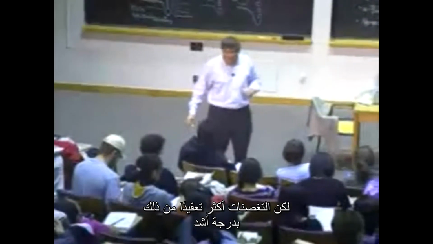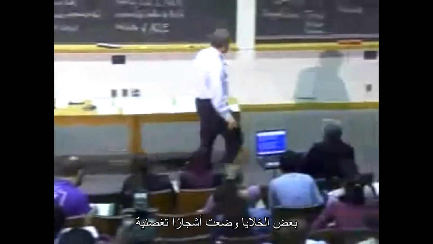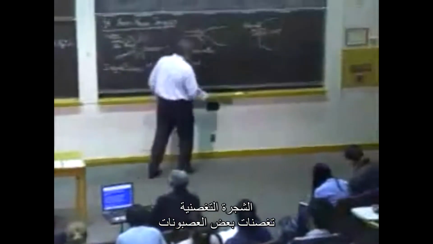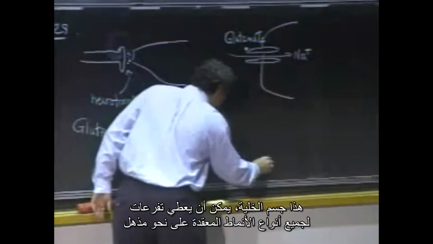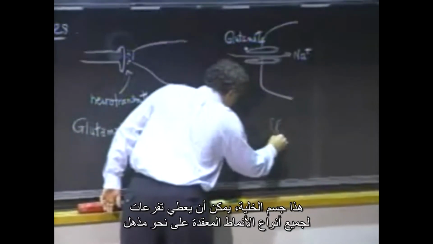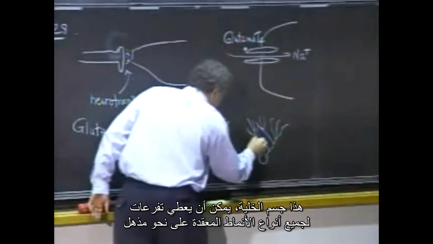But the dendrites are vastly more complex than that. Some cells have elaborate dendritic trees. The dendrites of some neurons, here's the cell body, can go off in all sorts of wonderfully complex patterns.